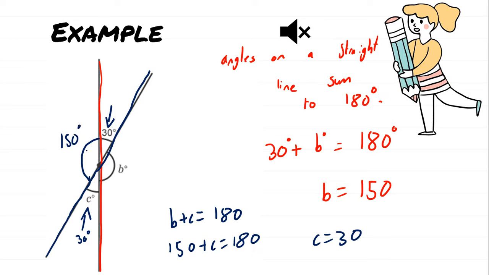And if you want, you can pause this video and try and work that out using what you know about C. But you should see that these angles are going to end up being the same. And we call these angles vertically opposite. So if you've got a straight line and you've got another straight line, the angles that are opposite are equal. So if that is equal to A, then that angle there is equal to A, and we call that vertically opposite.